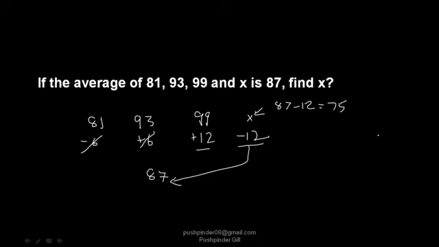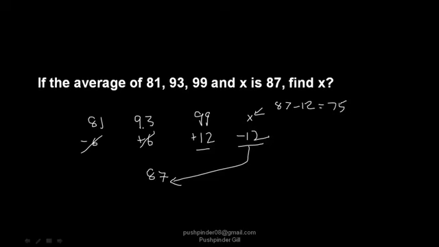So let me just take a quick recap. He said that there are four numbers, 81, 93, 99 and x, and the average is 87. I knew that if the average is 87, the negative deviations should be equal to the positive deviations. So how far is 81 from 87? Negative 6. How far is 93 from 87? Positive 6. How far is 99 from 87?